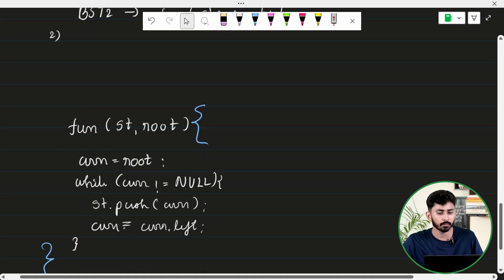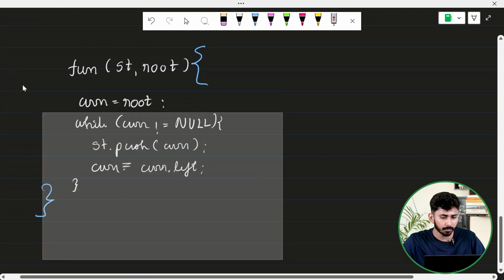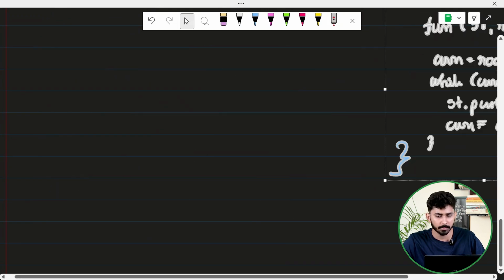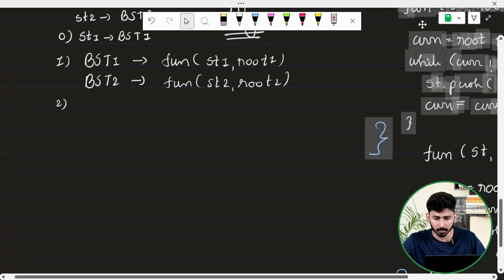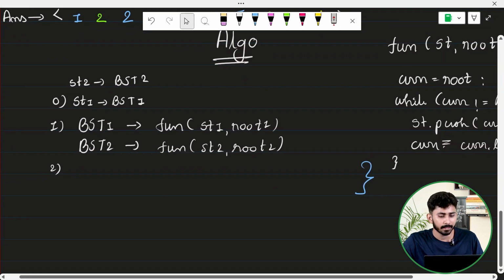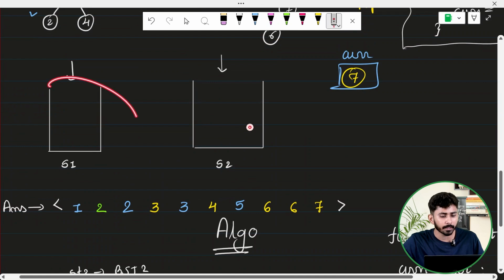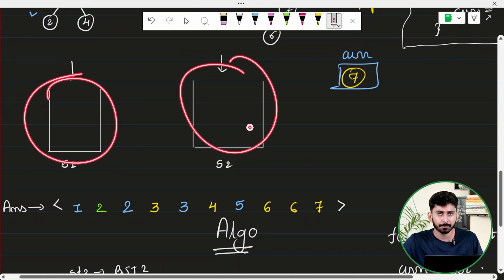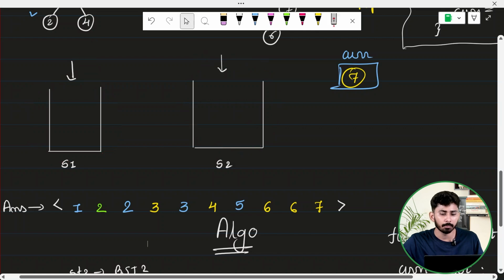Now what will be my second step? I am going to write down the entire algorithm below somewhere. The second step is, we saw how long we iterated: until our stack 1 was empty. So as long as both the stacks are non-empty, we will keep on applying the process.